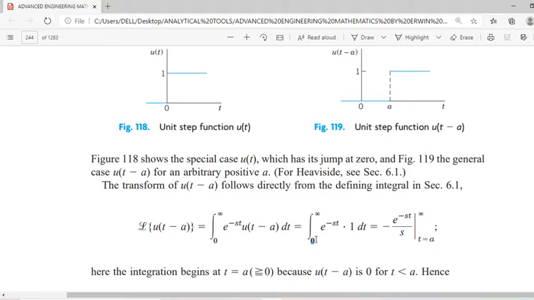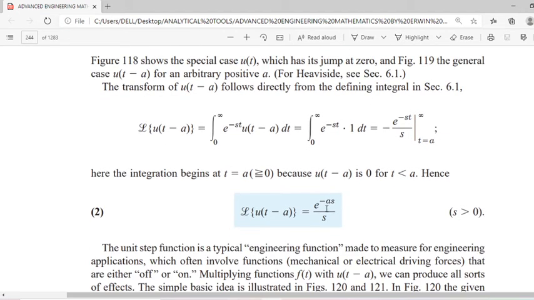So here the lower limit is not 0 actually, it is a. In this book it is 0, that's a printing mistake, no problem. So it should be from a to infinity, then u becomes 1, and in all other parts it is 0. So what is the result? e raised to minus as by s. This is the Laplace transformation of the unit step function.